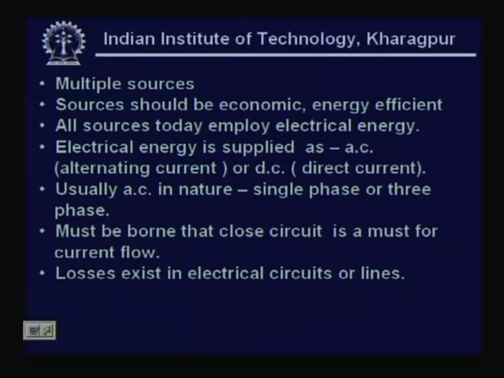And the other issue which one has to remember is that there are certain losses in all electrical circuits or lines. Remember that every conductor has a certain resistance to flow of current, which is expressed as resistance, and any current carrying conductor has an associated magnetic field.